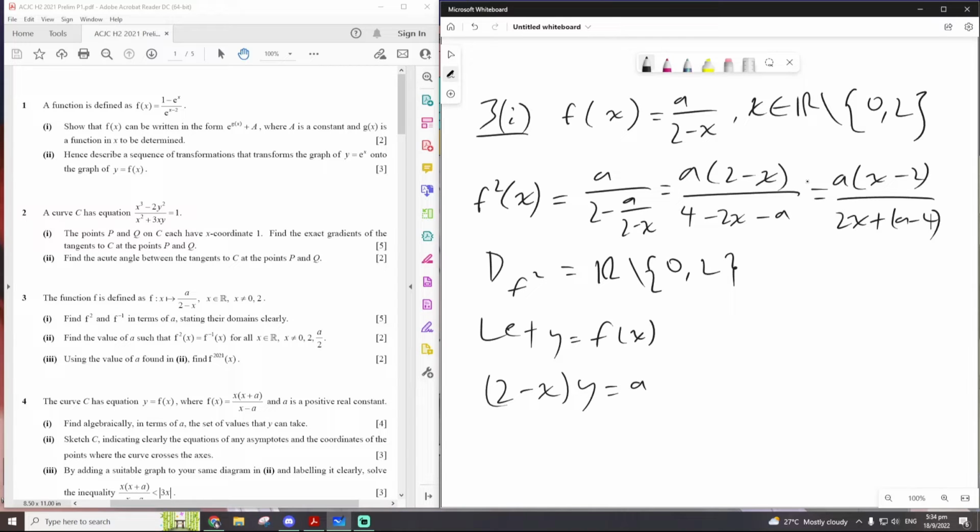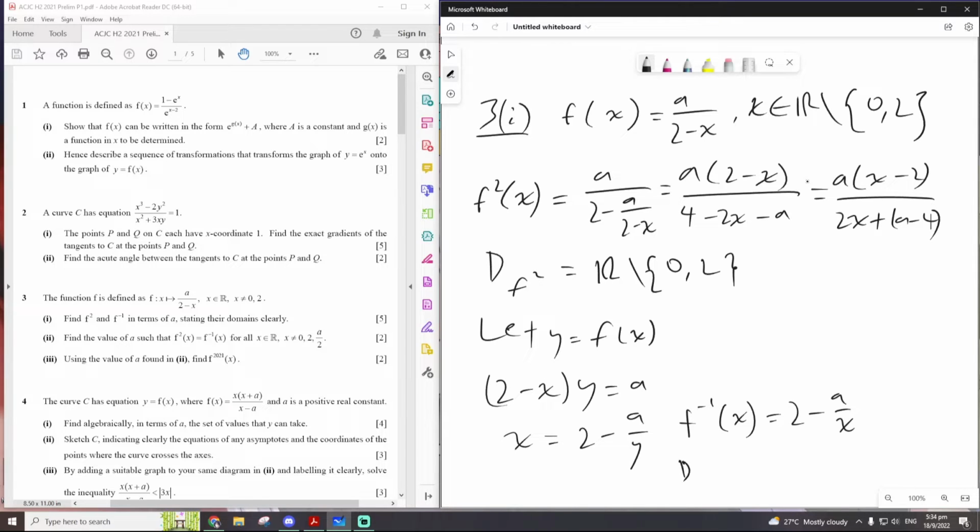So a over y is 2 minus x. So x itself is 2 minus a over y. Okay, so f inverse of x is 2 minus a over x.